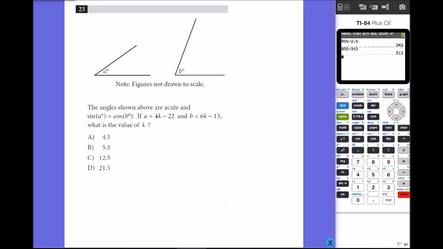23. The angles shown above are acute, and sine of A equals cosine of B. So here, you will see a lot of expressions when they say sine of an angle is equal to cosine of another angle. You should just know that if you have a right triangle, and let's say this is A, and this is B, sine of this angle A equals cosine of the other non-right angle.